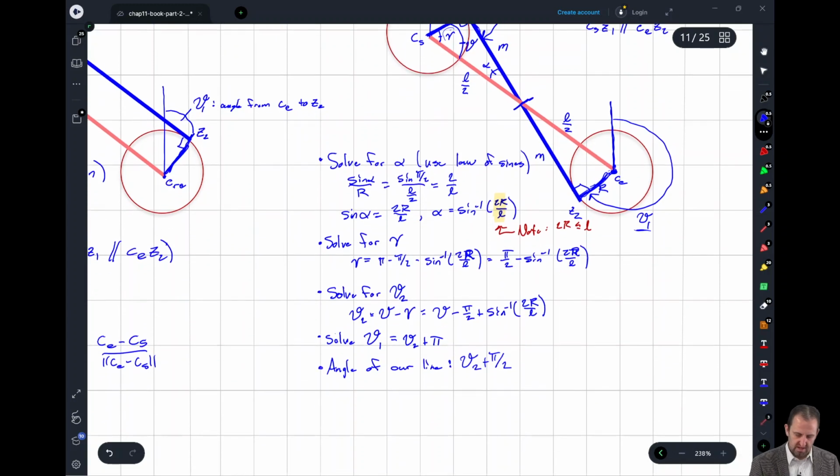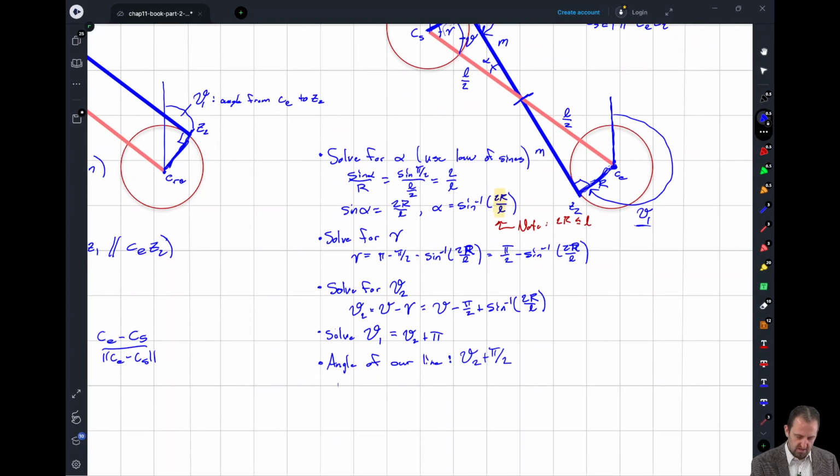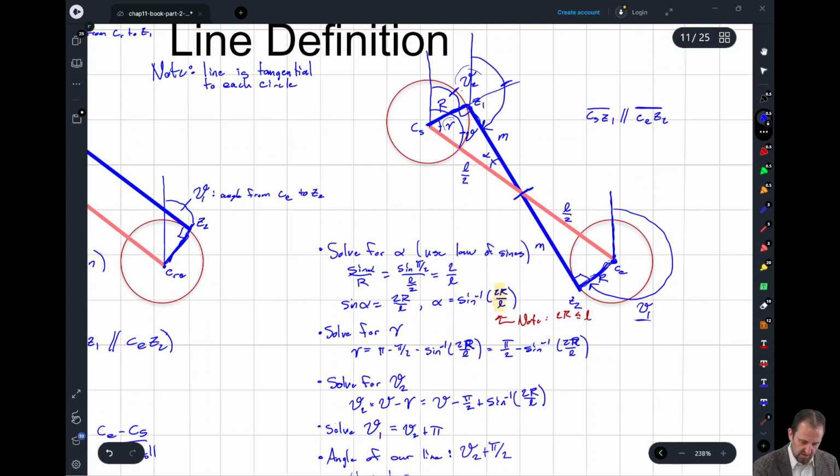Okay, so we could then write a unit vector q, and this unit vector q again is pointing in this direction. So q is a unit vector pointing from z1 to z2.